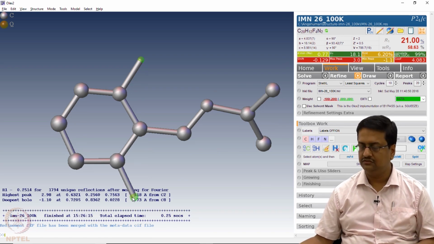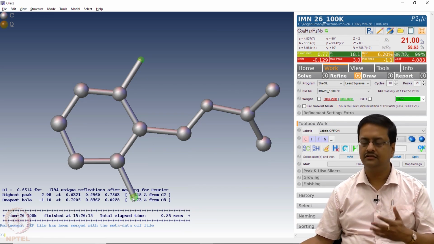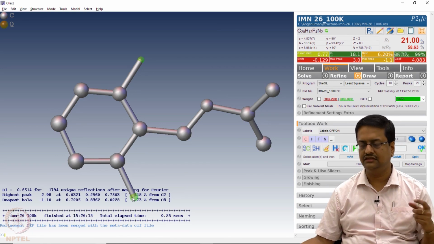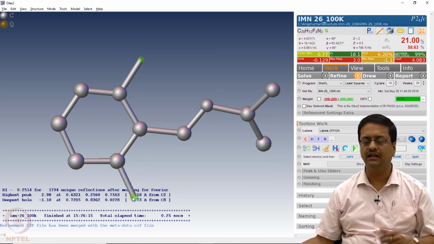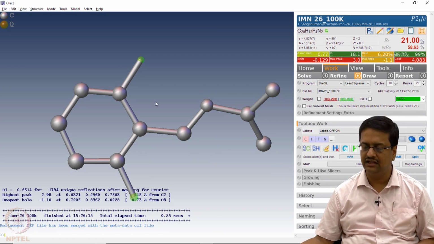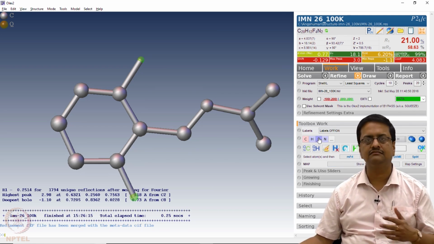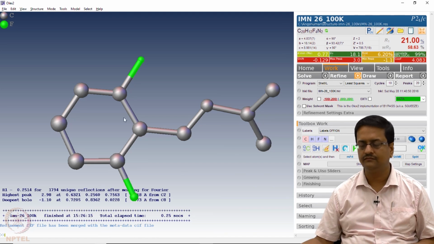Why? Because those are incorrectly assigned. In these two cases, these two atoms are smaller than assigned, which means they have a larger electron density than what has actually been assigned. So, let us assign them as fluorines and do the refinement.